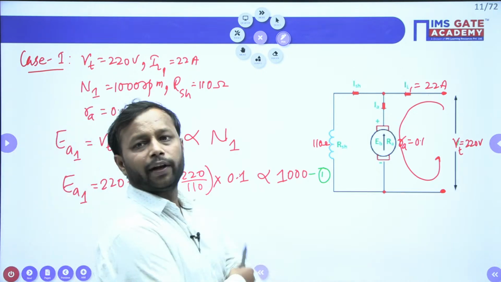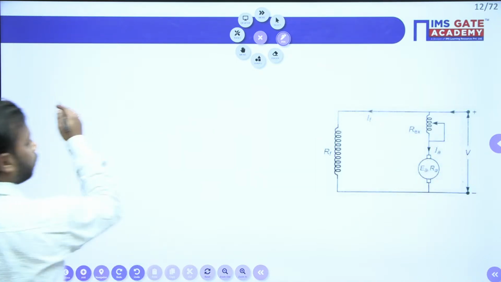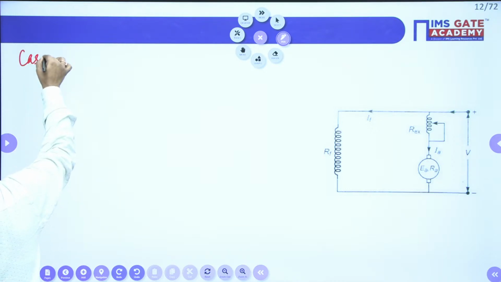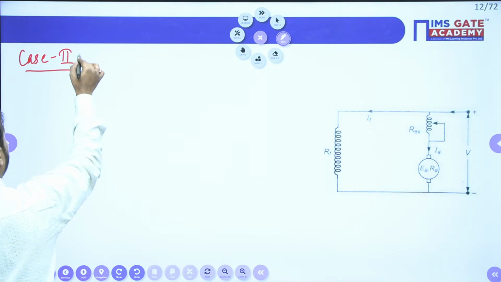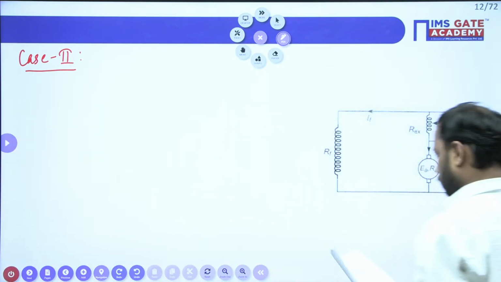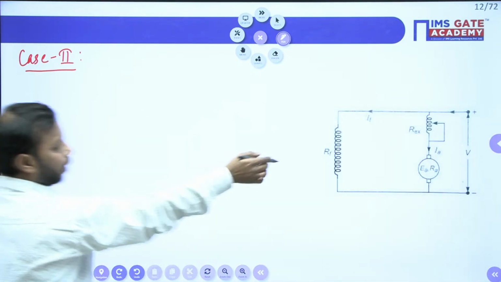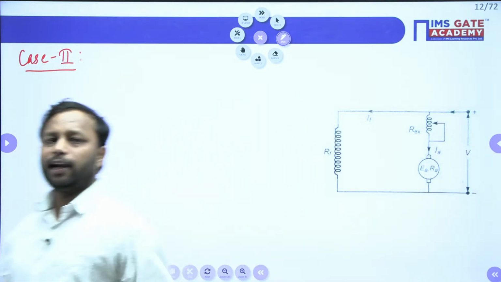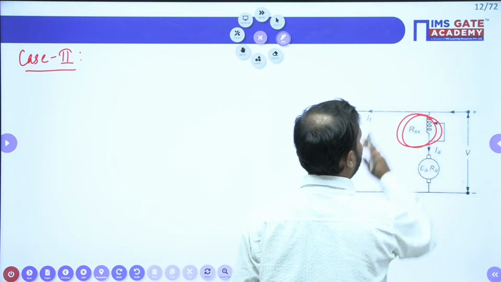Next, what do we need to find? The EMF for case 2. How to find the EMF from here? See, I have added the external resistance and I need to calculate this external resistance value.